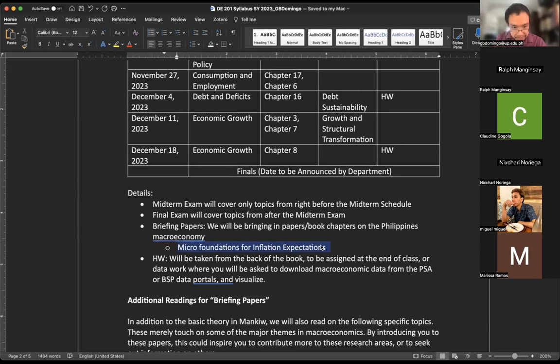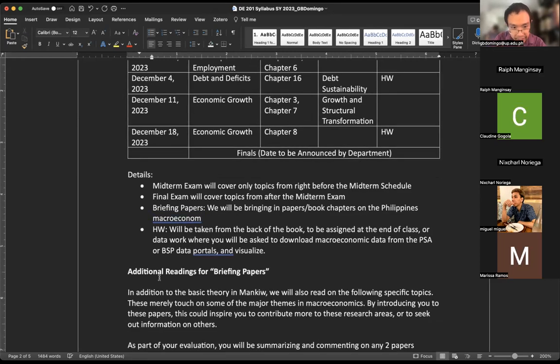I should delete this. Example. Yeah, I just delete this. So I wanted to list down here sana before. Wag na lang. Nasa baba na naman siya. Okay. Ngayon, let's talk a little bit about yung briefing papers.